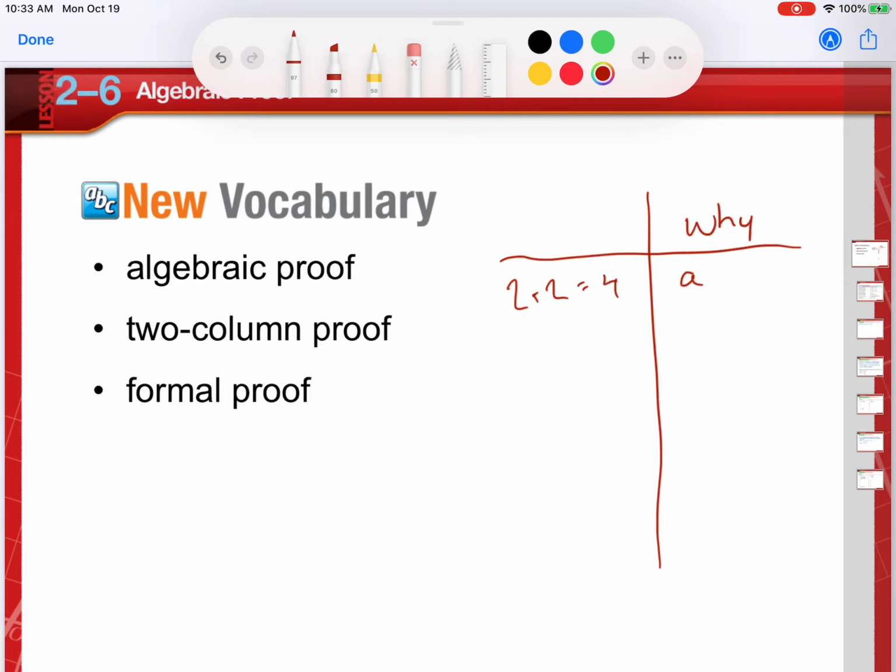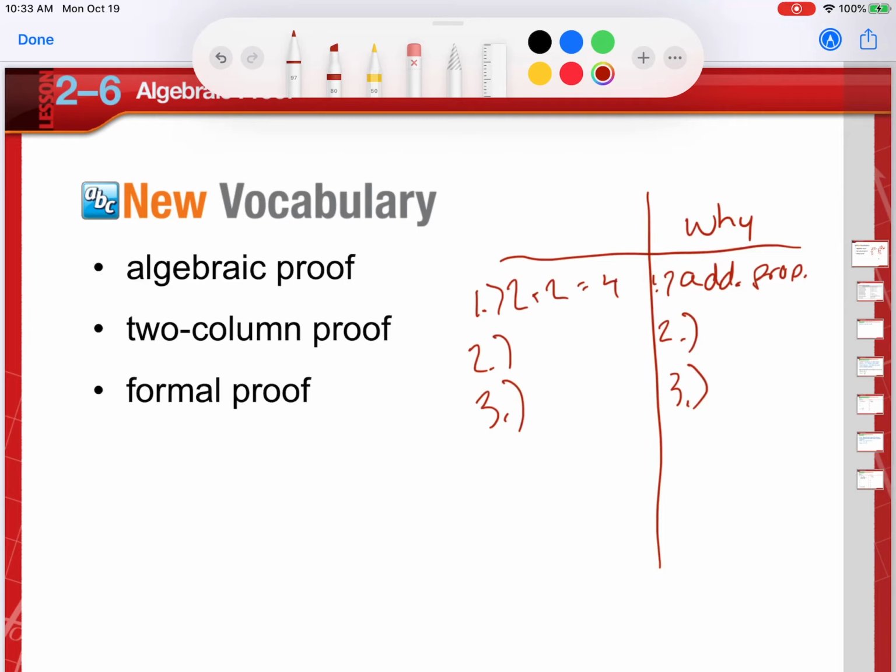And this would be our why side: addition property. Now in the problems we'll do, there will be more steps, but we label these across the board 1, 2, 3, and so on. We're listing all the steps we take chronologically.